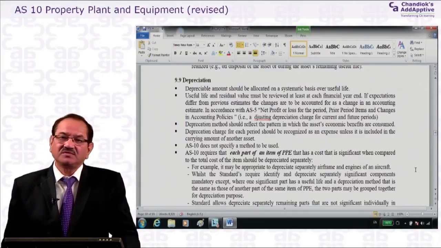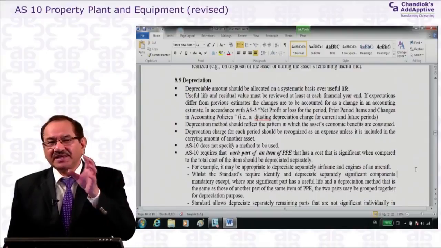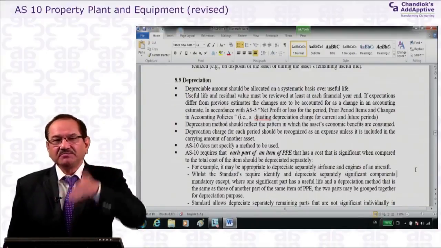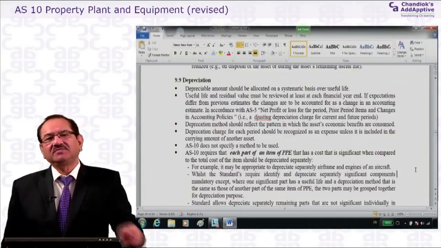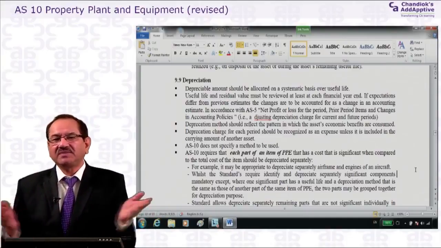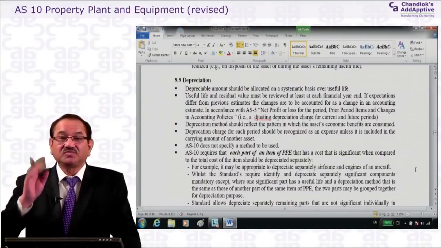What method you follow is not prescribed, neither in the Companies Act nor in the accounting standards. Earlier you had rates in Schedule 14 based on the straight line method and the WDV method, but there are no such rates now. It only gives the useful life.